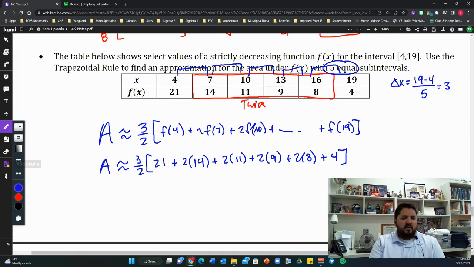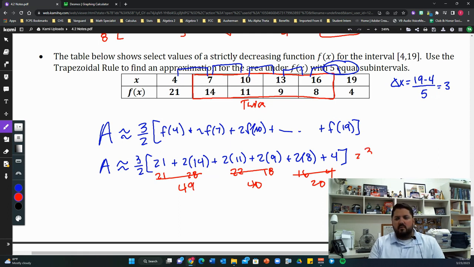So now it's just a matter of going through and doing all this math. So we got 21, 28, 22, 18, 16, and 4. These guys give me 20. These guys give me 40. I don't know what is going on. And those give me 49.